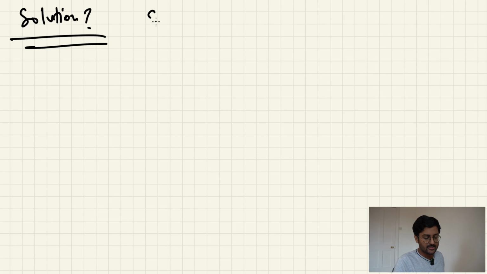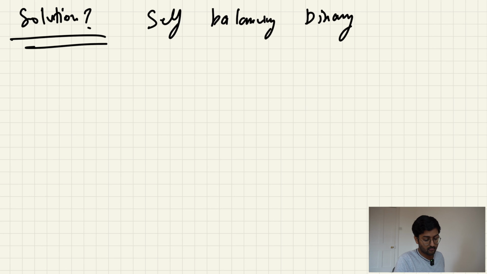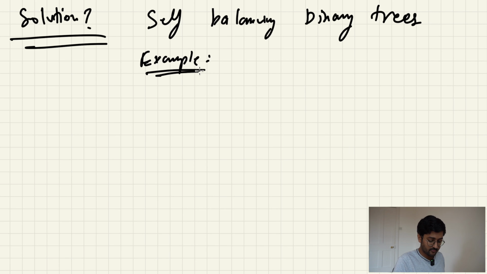The solution is a self-balancing binary tree. For example, one of those is AVL. Self-balancing binary tree. Now you understand what the problem was and what problem a self-balancing binary tree is trying to solve.